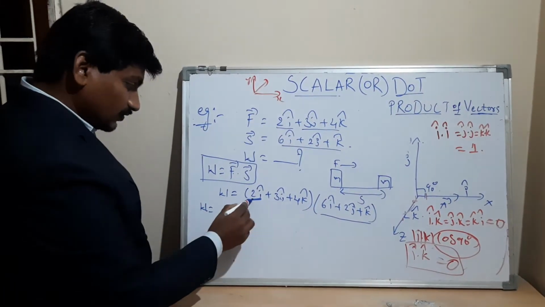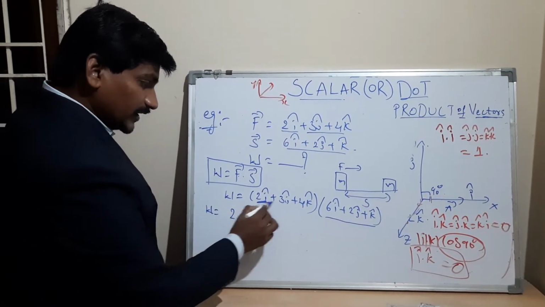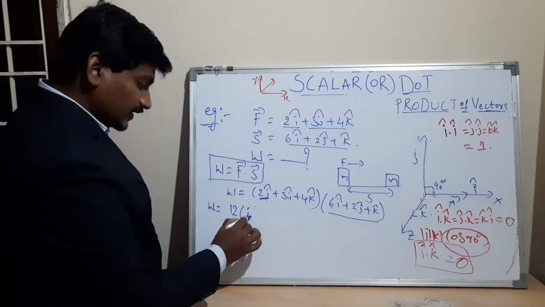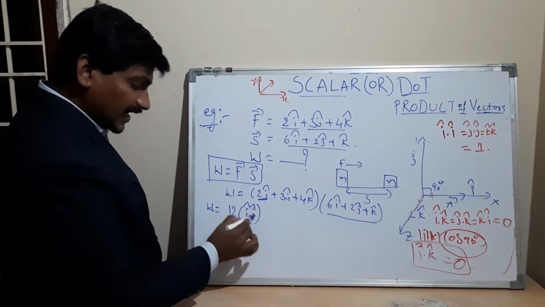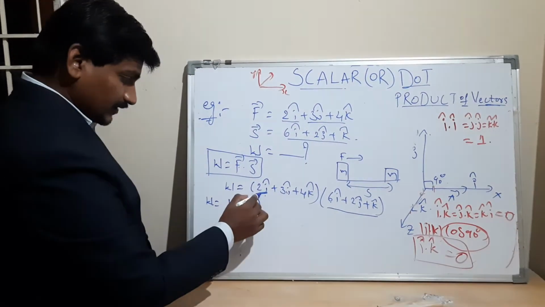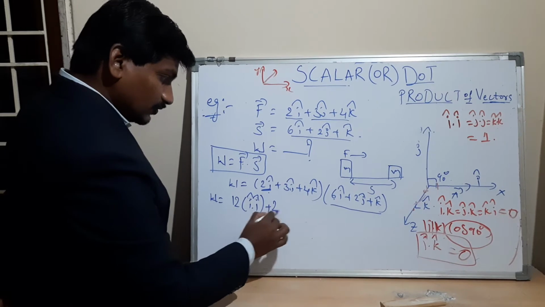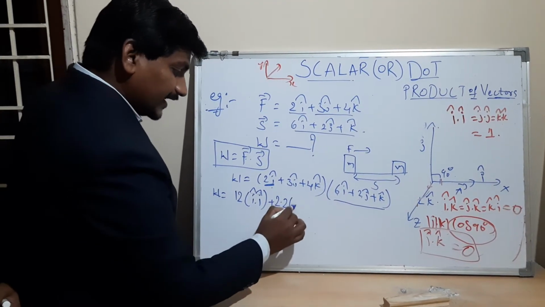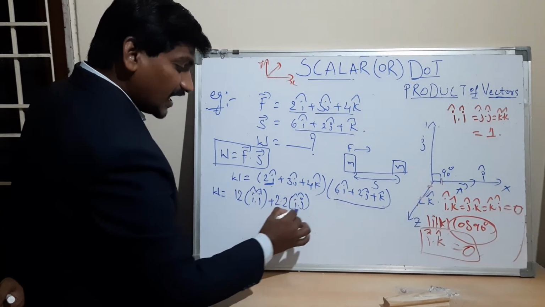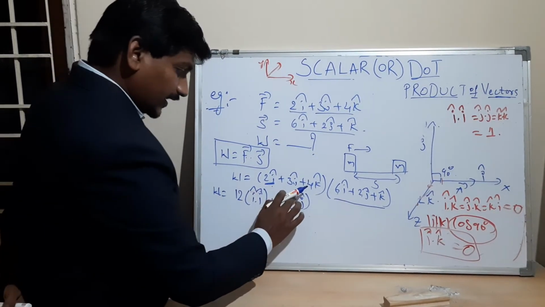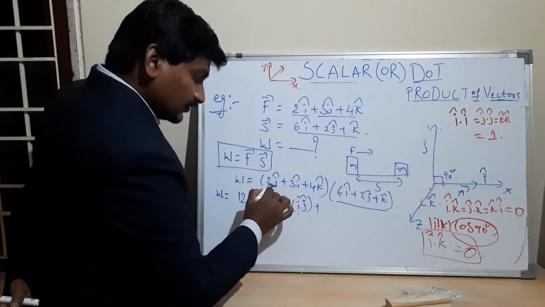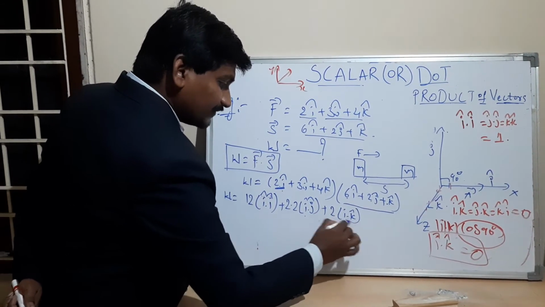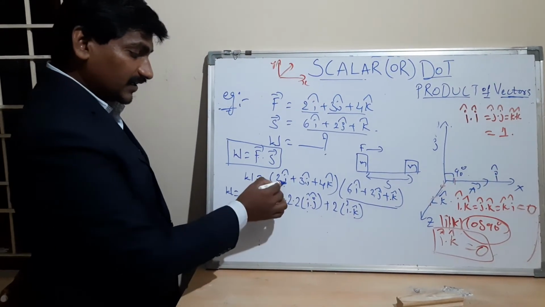So let me tell you, 2i with 6i, 2 into 6, 12. Then it became the product of two unit vectors, i dot i, they are in the same direction. With the 2j, 2 into 2, but the product i dot j, they are orthogonal vectors. Next, 2i with the k, i dot k, this is only one vector 2i.